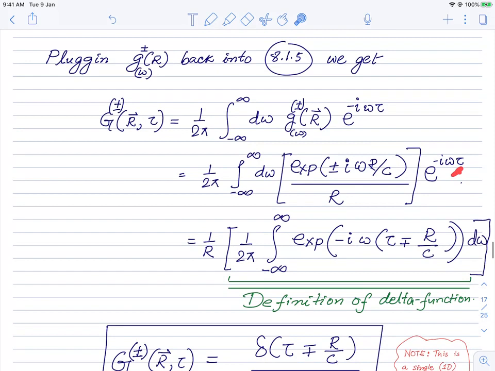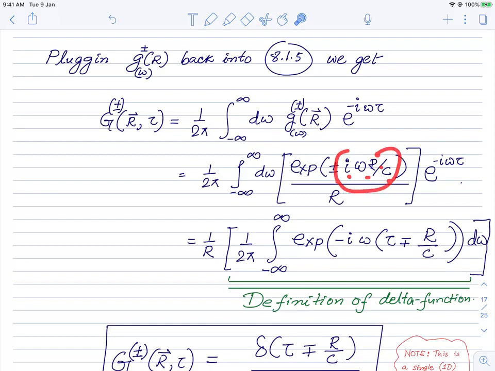As far as this integral is concerned, this r is a constant, so we can just bring the r outside. But if we look at this expression within the bracket, as you can see very clearly, it is the definition of the delta function. Here I have clubbed together terms. This is e to the power minus i omega tau, and this other term is basically plus minus i omega r by c.